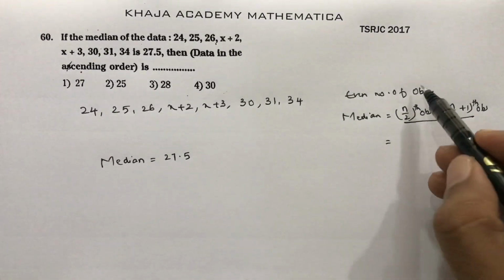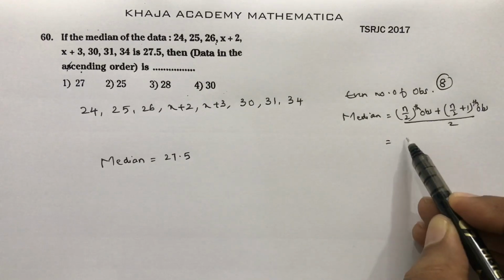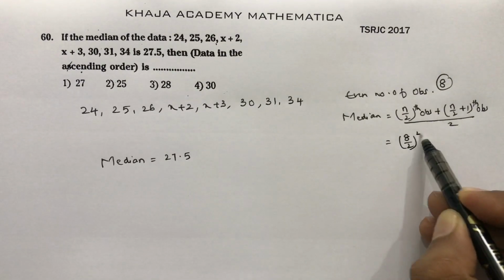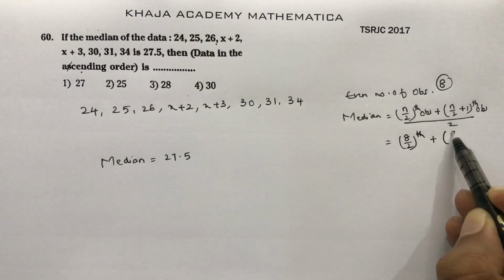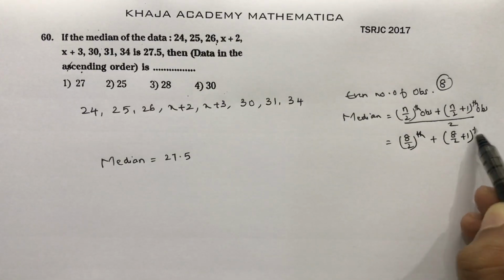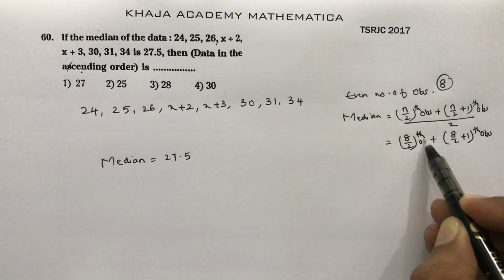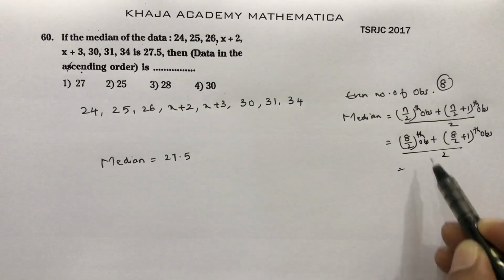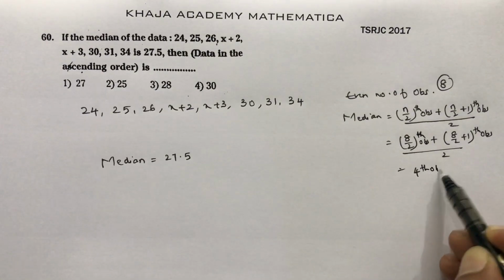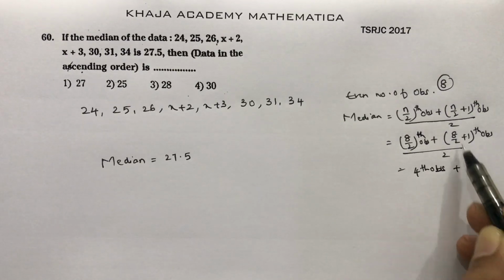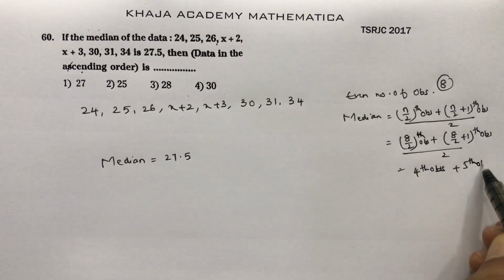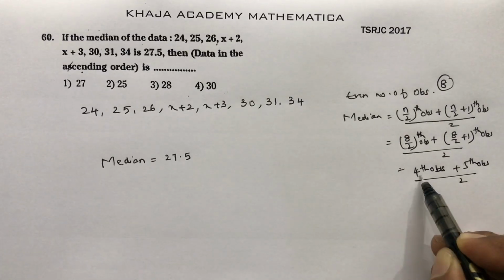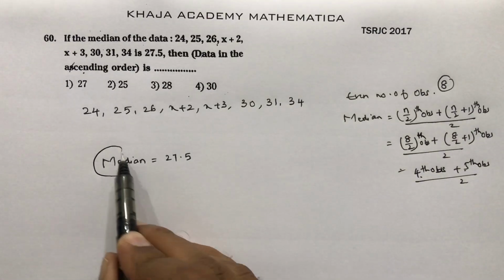So here total observations are 8. So 8 by 2 is the 4th observation, plus 8 by 2 plus 1, the 5th observation. So the average of the 4th and 5th observations is the median.